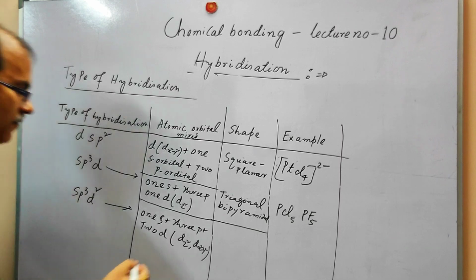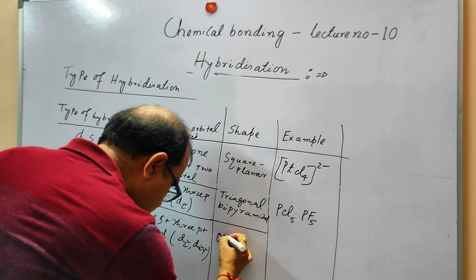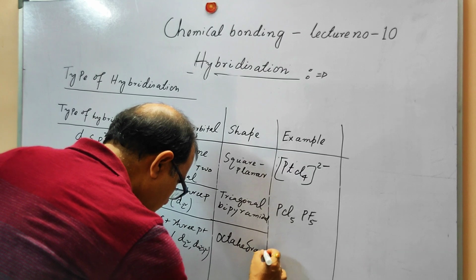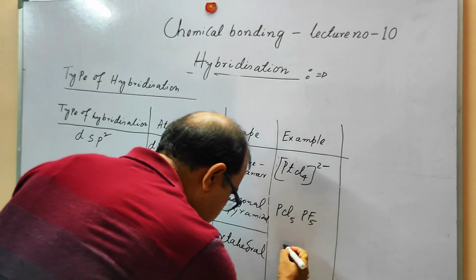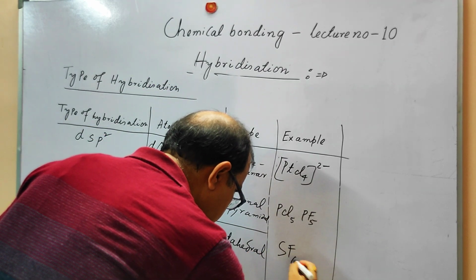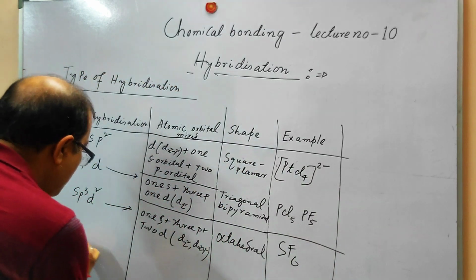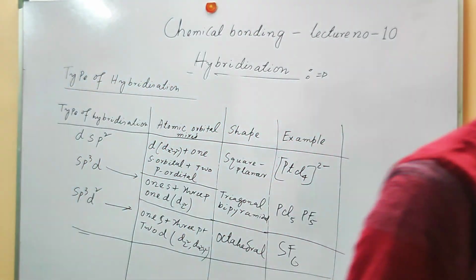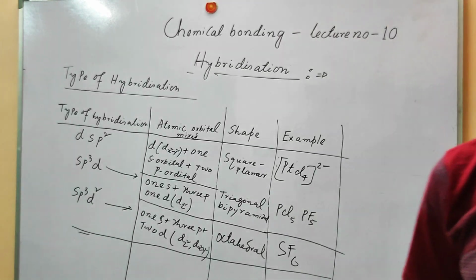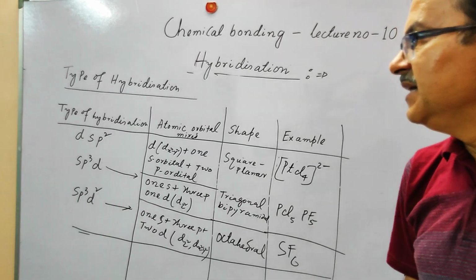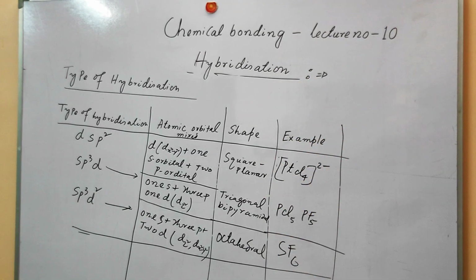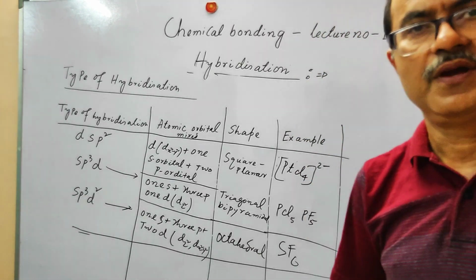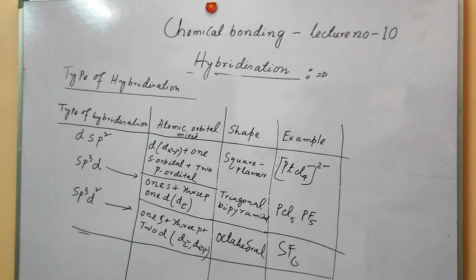In this case you can find the shape of the geometry will be octahedral. And here the example is SF6. So from the hybridization, we can understand how to predict the shape of the molecule. In total we have understood 6 hybridizations.